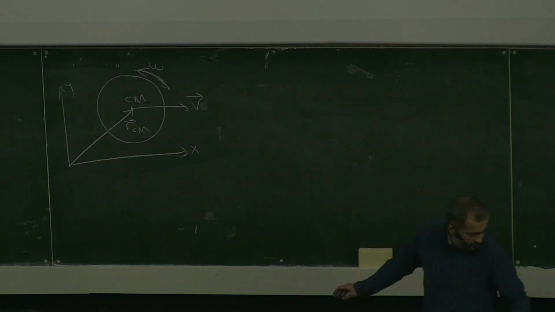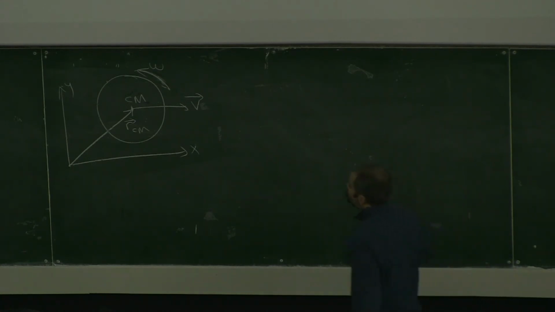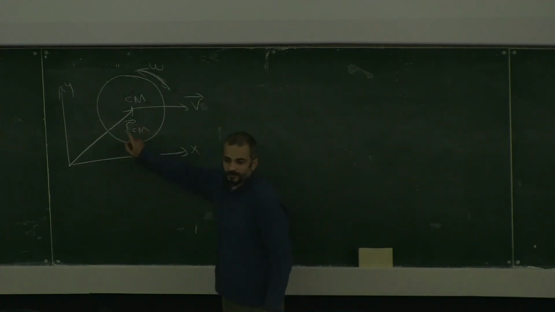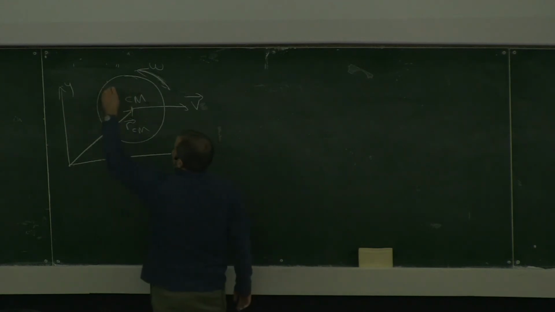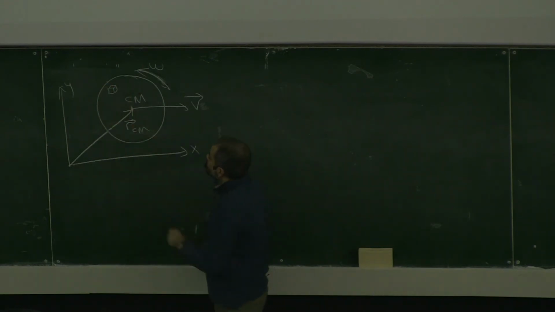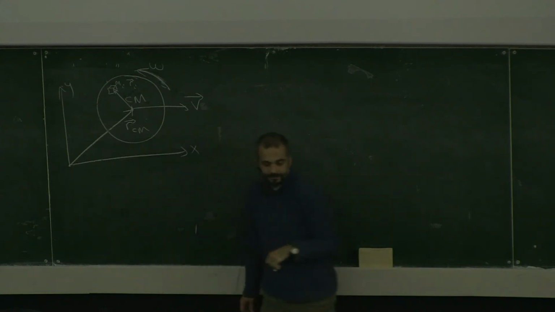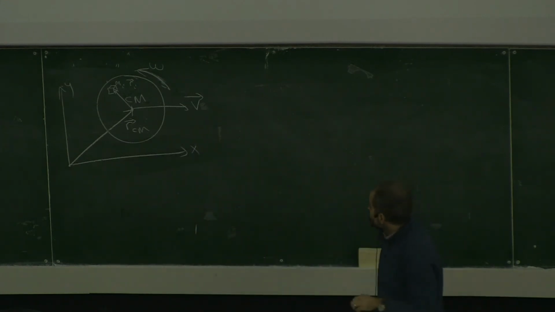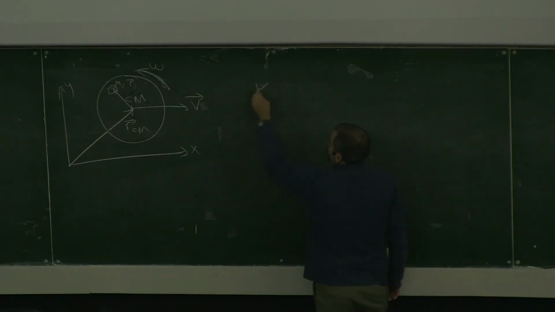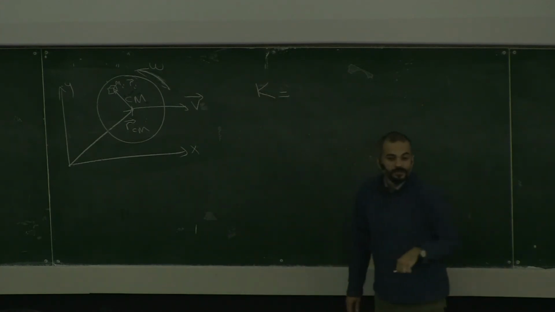I will just repeat the previous definition. The only difference will be that I assume the center of mass is also moving. So I have the position of the center of mass, plus if you just imagine one small mass over here, the position of that small mass, mi, relative to the center of mass will be given by ri. Now the total kinetic energy of my whole system.